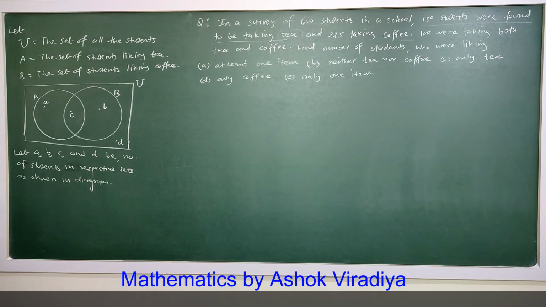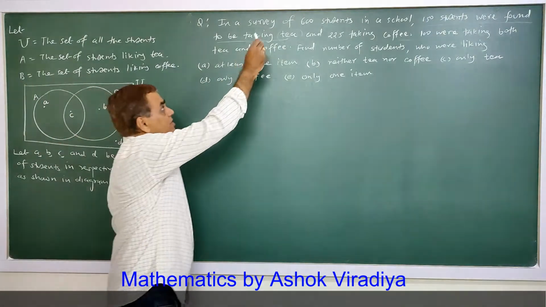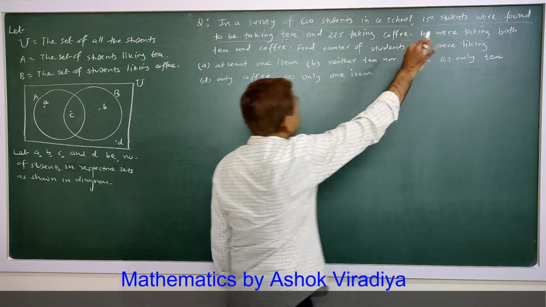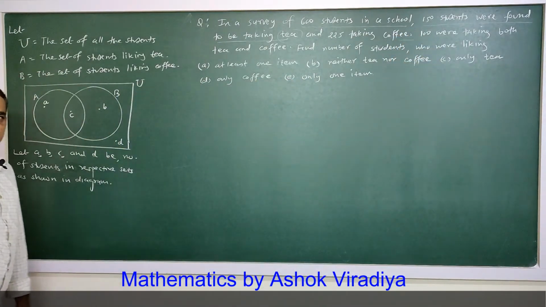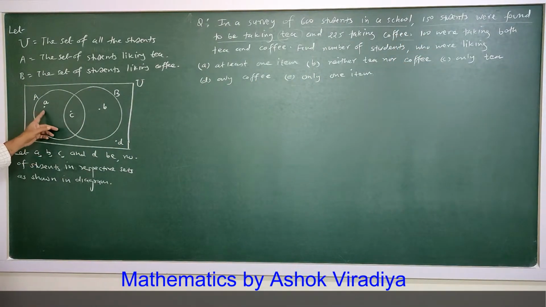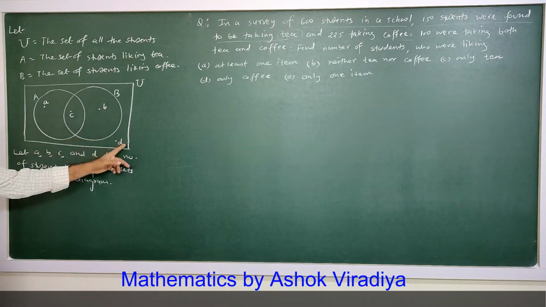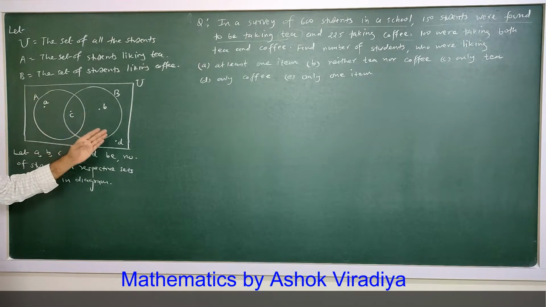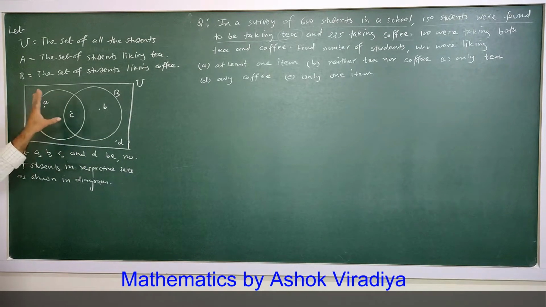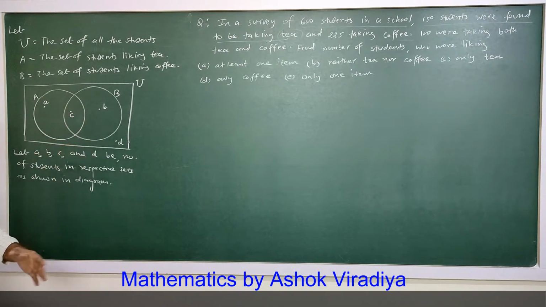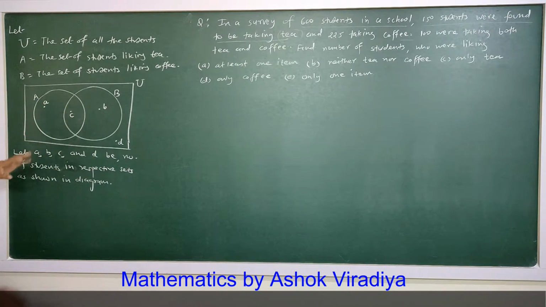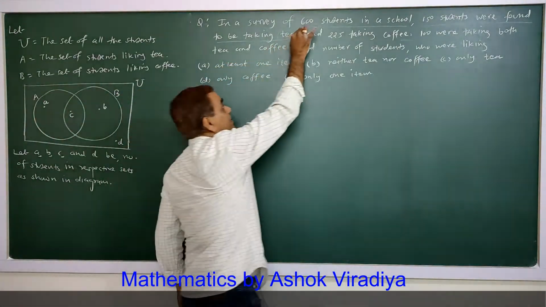Now we are making equations. The first statement is that there are 600 students in a school. So the total number of all students, those who like tea or coffee or who do not like anything, is 600.